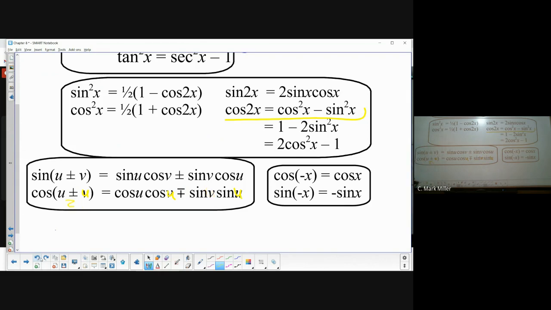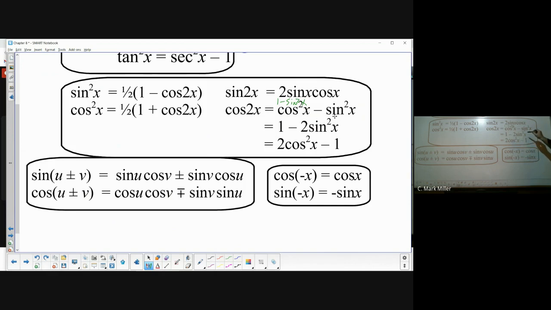Now, once we have this relationship established, we know that, for example, cosine squared is 1 minus sine squared. Well, that's 1 minus sine squared minus sine squared. That's 1 minus 2 sine squared. That's where that comes from.